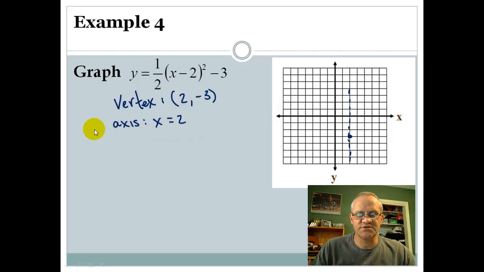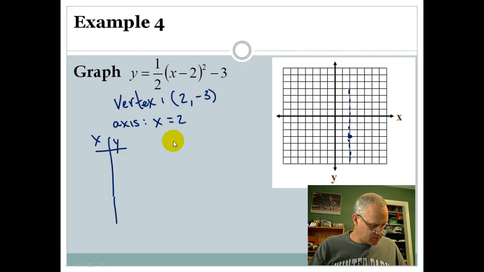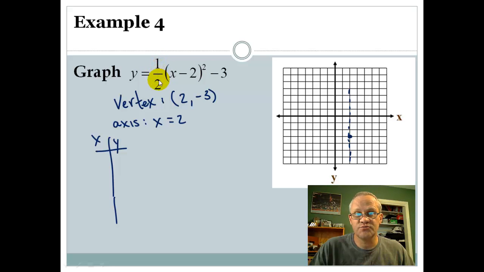And then to find the rest of these points, let's go to our calculator and punch it in. When you punch this in, you could do parentheses 1 divided by 2, close parentheses for the 1/2, and then the rest of it. Or since this is a terminating decimal, you could also do 0.5.